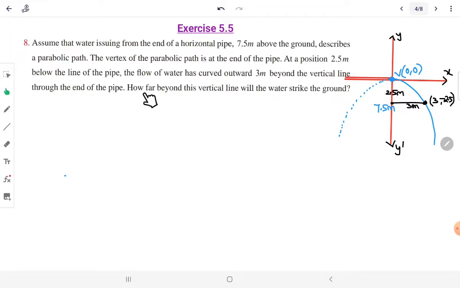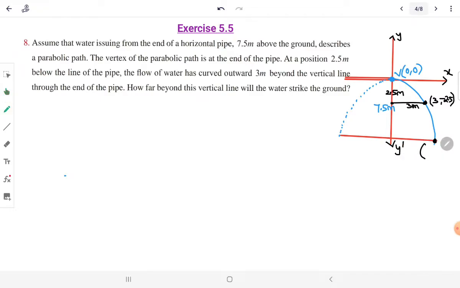Next, how far beyond this vertical line will the water strike the ground? This is what they asked us to find. Clearly we don't know this x distance, how far beyond the vertical line, and this x distance is what they asked us to find.